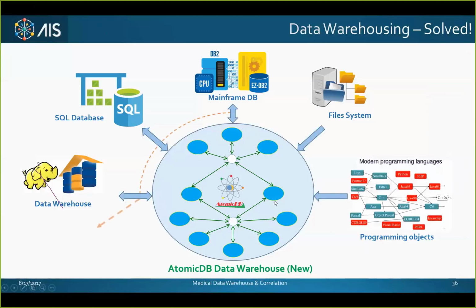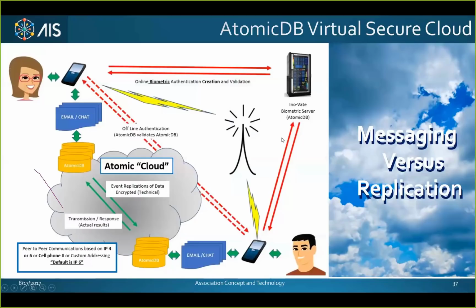We can. Furthermore, we can write back to the existing system because everything is on a one-to-one basis. So if I extracted data from SQL, I can write back data to SQL and vice versa.